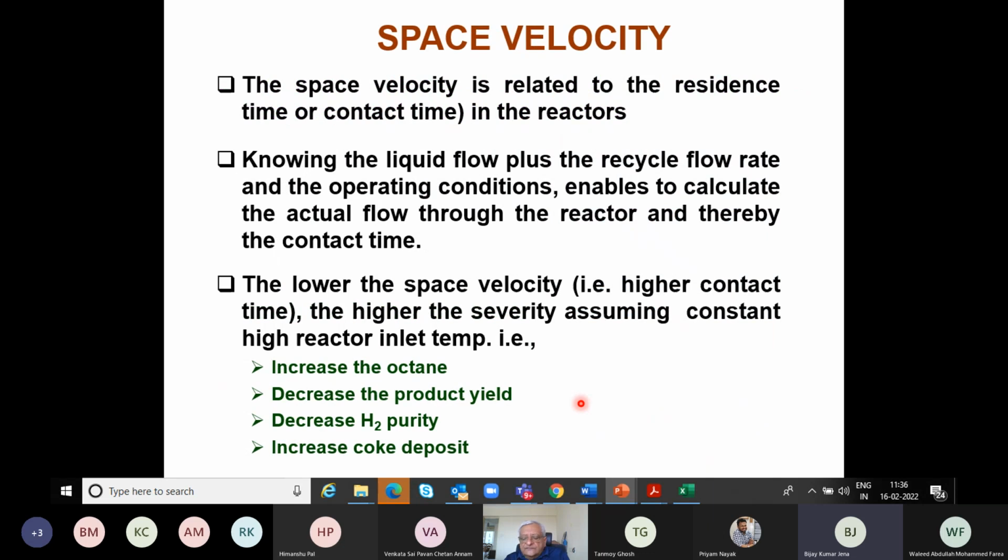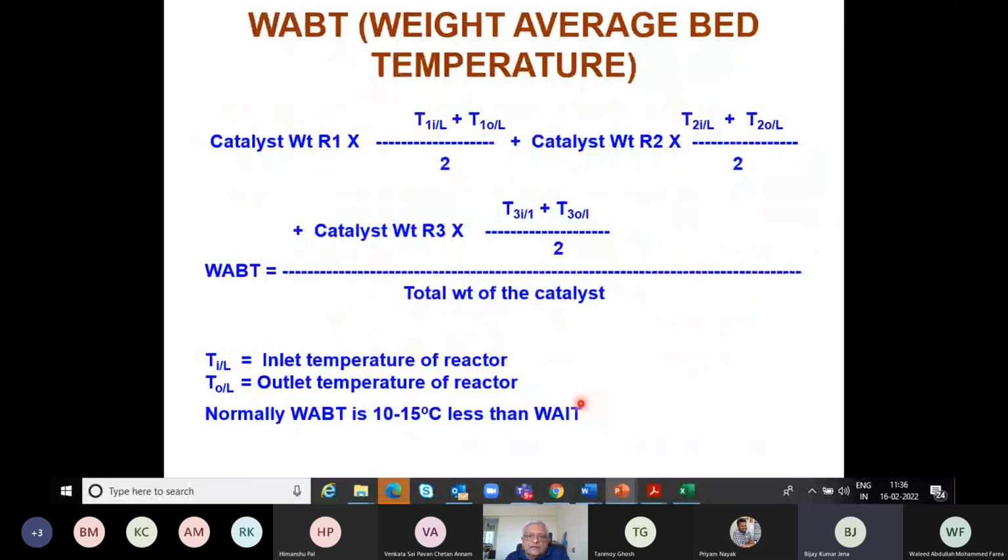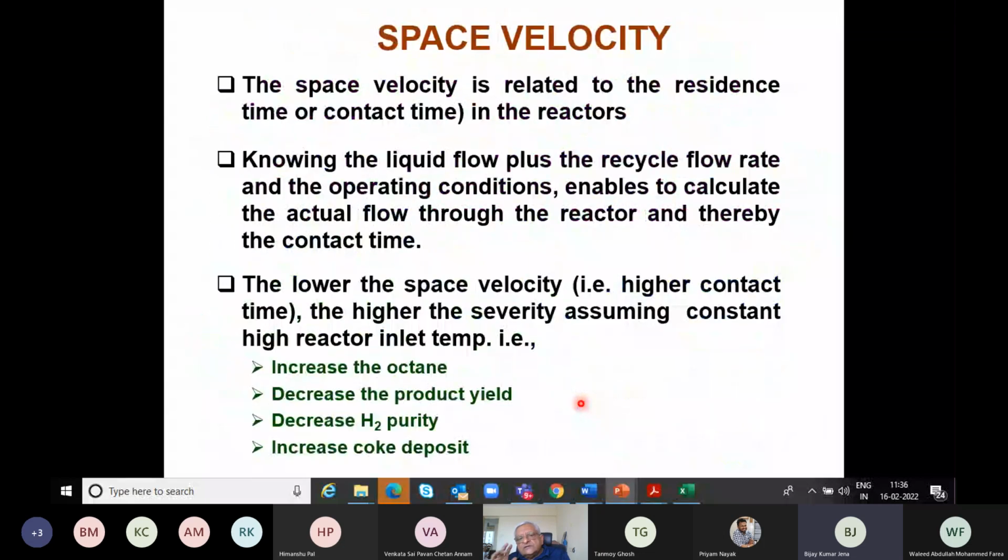If you look at the second variable, if you recall, the second variable was space velocity. Actually, space velocity you cannot really do much about, because if the unit is operating at a certain throughput, that decides the space velocity. Space velocity is nothing but the total superficial velocity of the entire feed going through the reactors.